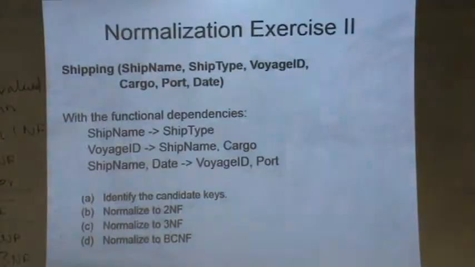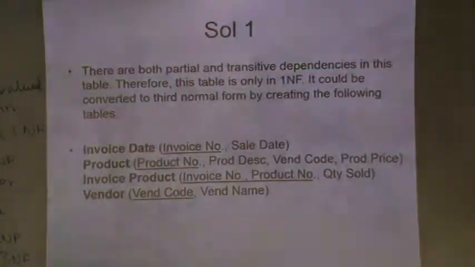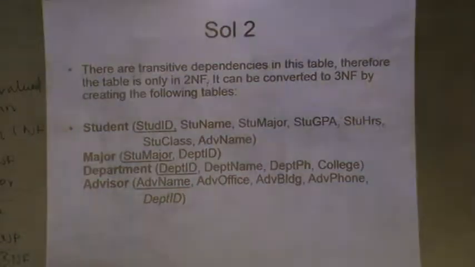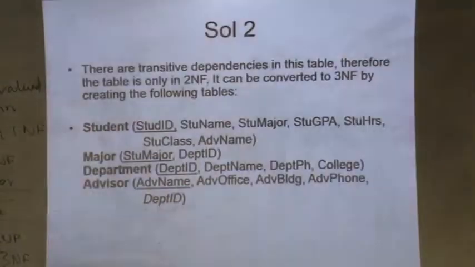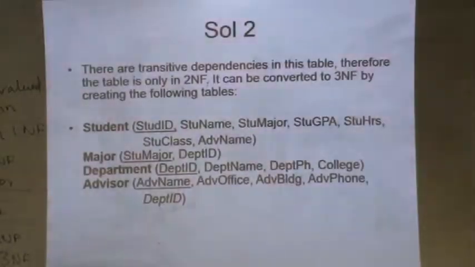So for our student table, it's given that we have the student ID, student name, major, GPA, student hours, class and names together, and student major and department ID. You can take it out because the student major and department ID are dependent on each other.